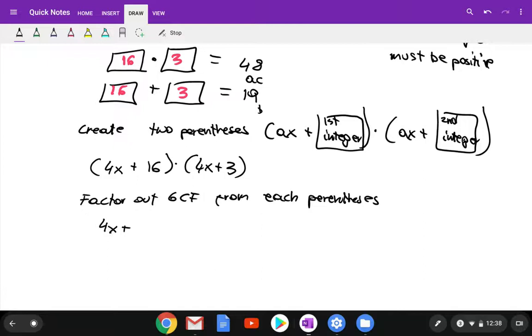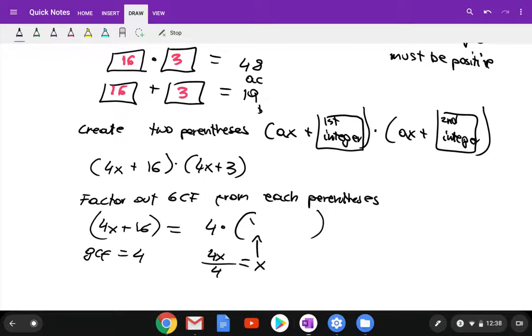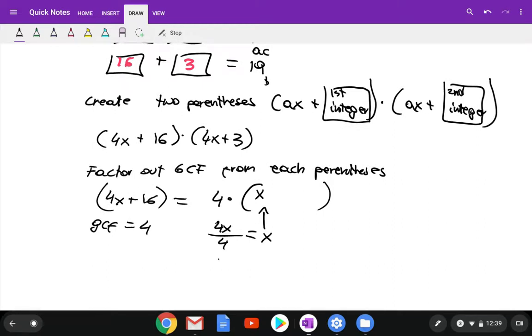So 4x plus 16, GCF here is equal 4, so we're going to factor 4 out. We're taking the original first expression, 4x, divided by your GCF, which is 4, and we end up with x, which goes right here. Then I'm taking the original second expression, which is positive 16. I divide by GCF, which is 4, and we end up with positive 4.